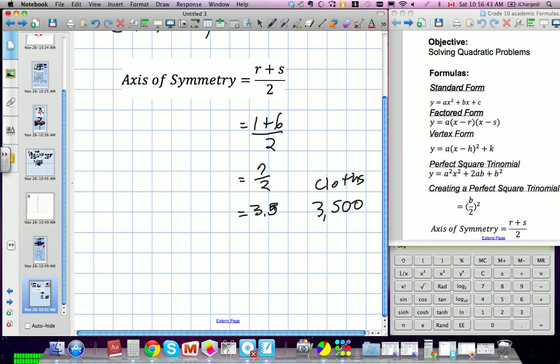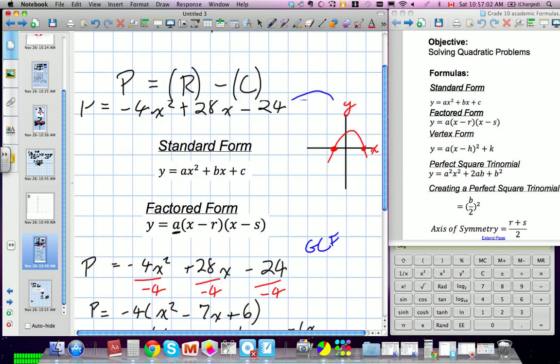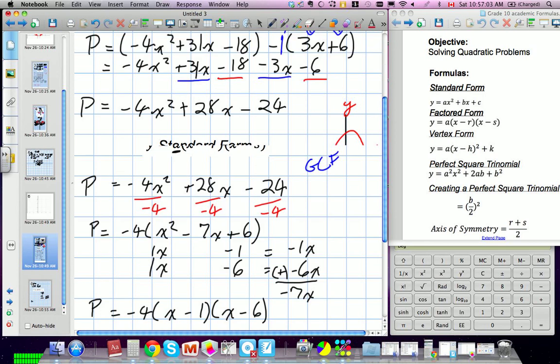Now, since we have that, we use our formula we had before, our factored form. So our profit was equal to, let's go take a look at how our factored form was in the other question. What did we have in our factored form? Negative 4x squared minus 7x plus 6. So let's remember that. This was our profit formula.